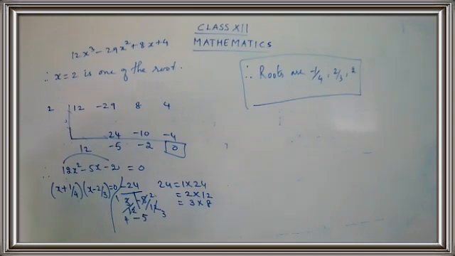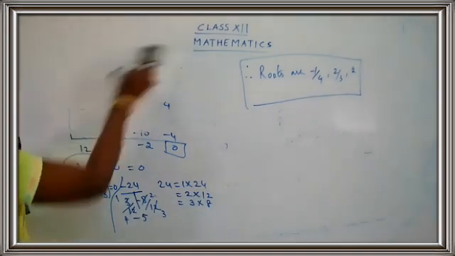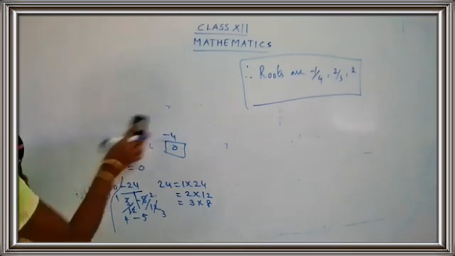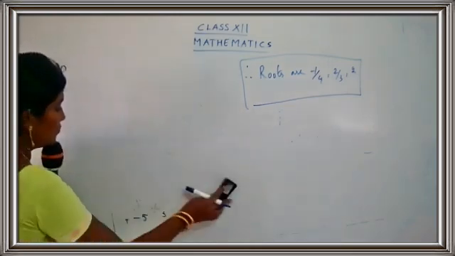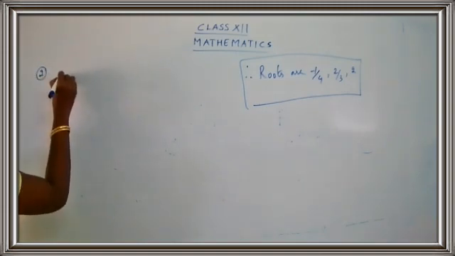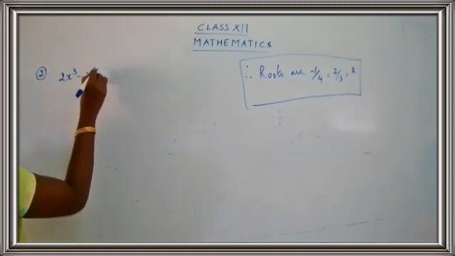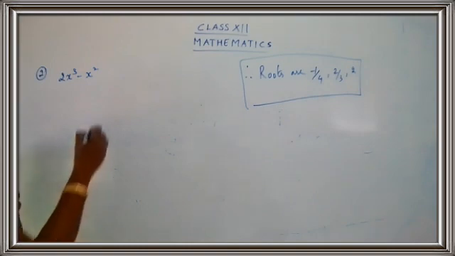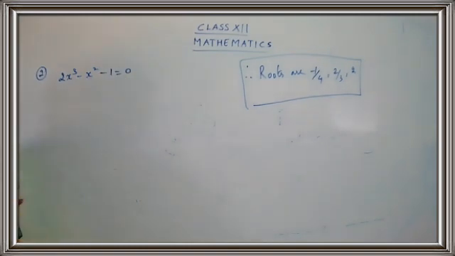Write down the question: 2x cube minus x square minus 1 is equal to 0. Okay, this is the question and we have to find out a rational root over here.